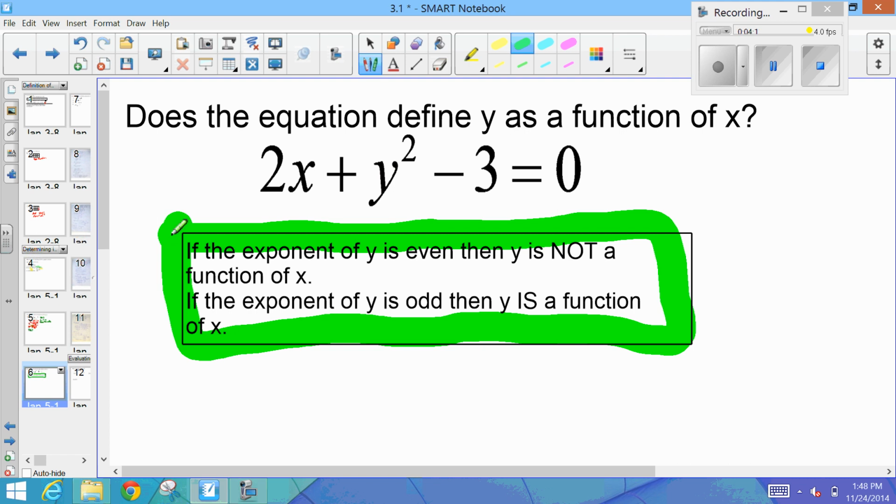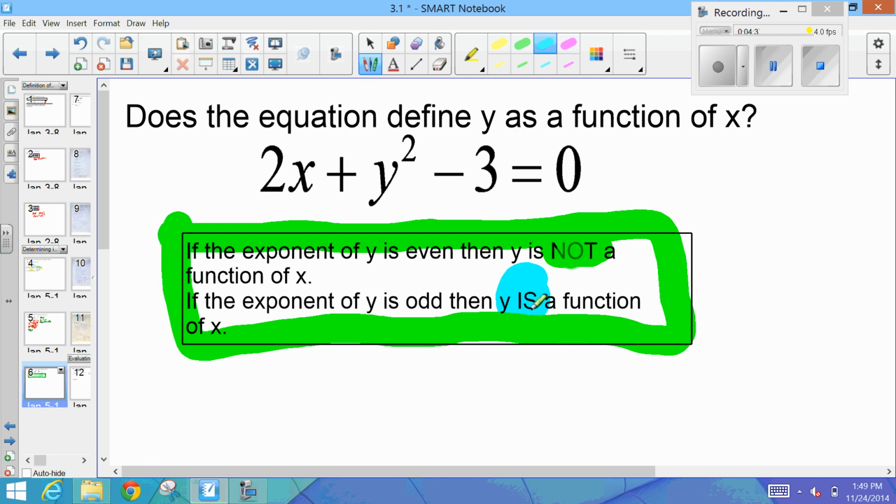Is it an even root? Is it an odd root? Or maybe if the exponent of y is 1, then it's not a root at all. But if the exponent is even, then I'd have to take an even root to solve for it, and therefore an even root is not a function. But an odd root is a function.